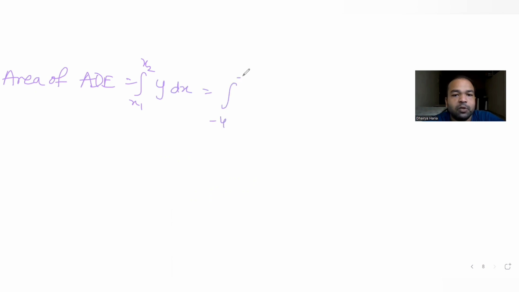So area of curve ADE, if I see, the limits go from x1 to x2 because you're finding the area under the parabola by dx. x1 to x2 means your limits go from minus 4 to minus 3. y is nothing but root of minus x minus 3. You get that as minus x minus 3 raised to 3 by 2 upon 3 by 2 and dividing by the coefficient of x, that is minus.